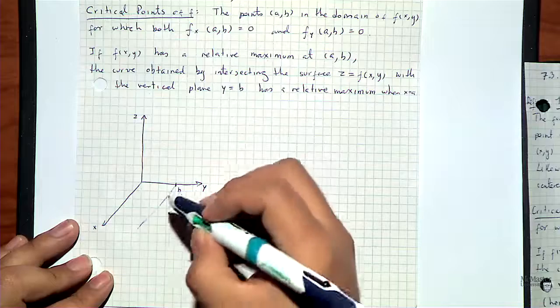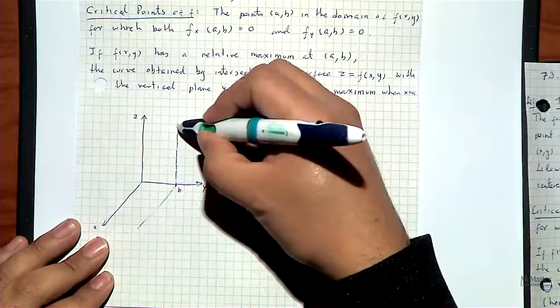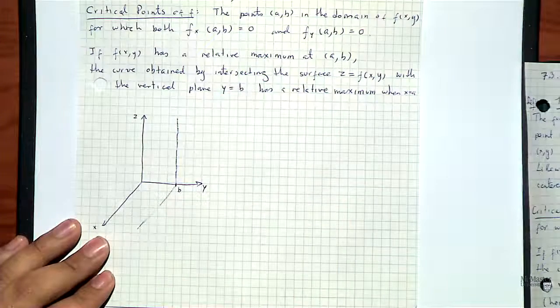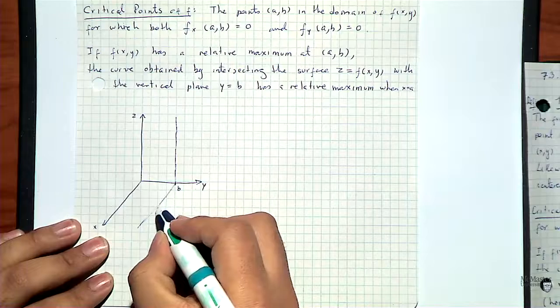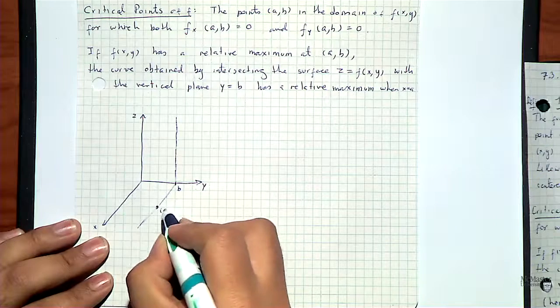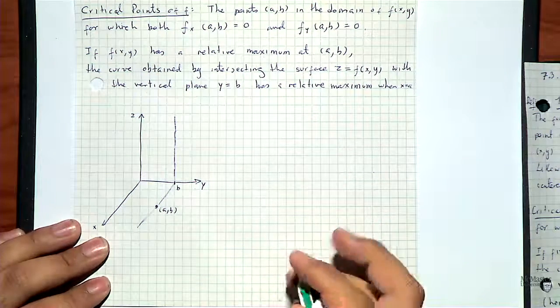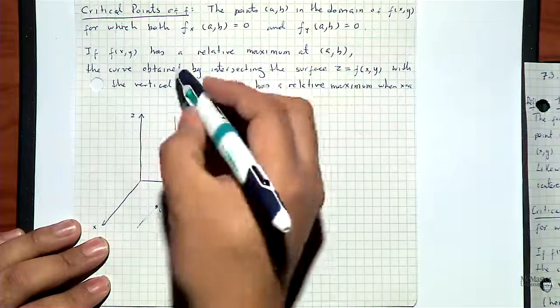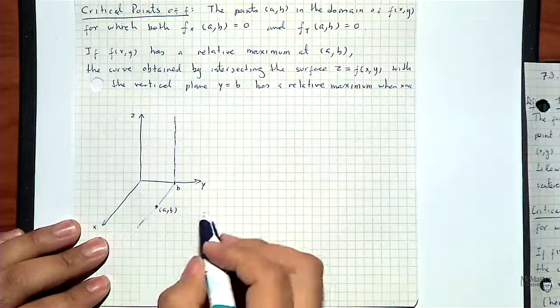So this is the plane. It's parallel to the xy plane and it has a value y equal to b. And you're choosing that because the point is located at coordinates a comma b. And you already know that the function has a relative maximum at that point.